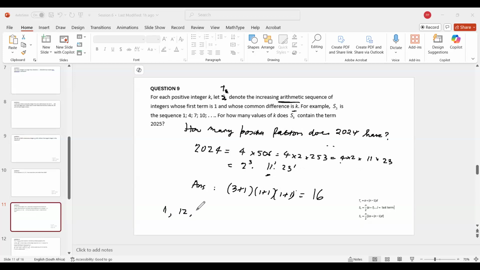So you get 12, 23, keep adding 11. You can be assured that 2025 is sitting there amongst them, because for every possible factor, 2025 will be in the sequence. So it requires a certain understanding as to what this question is all about, and I try to explain it to the best of my ability.